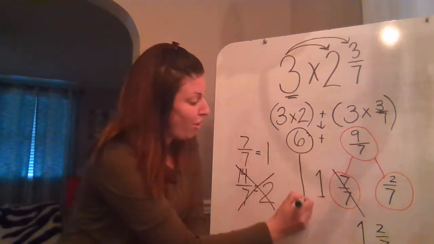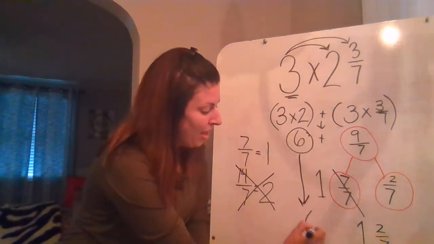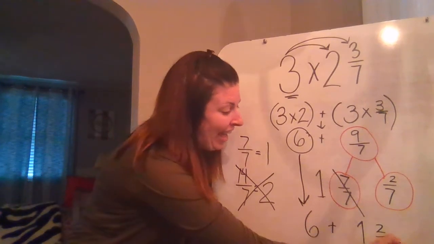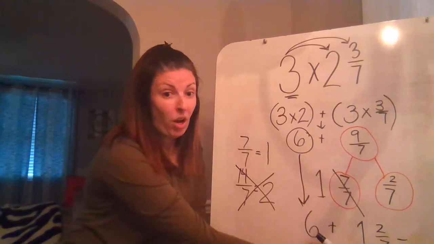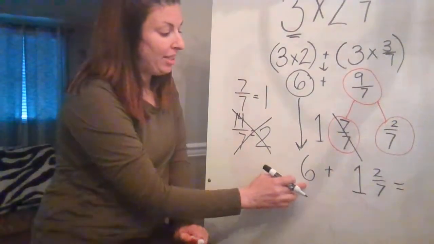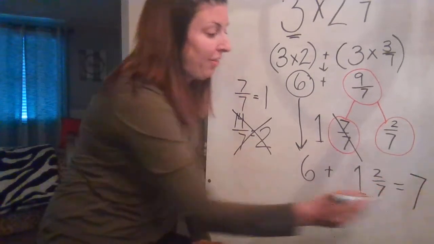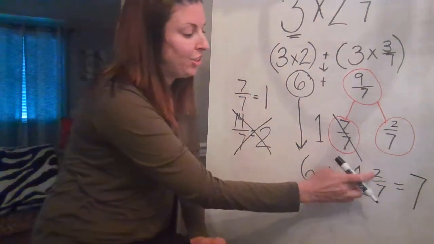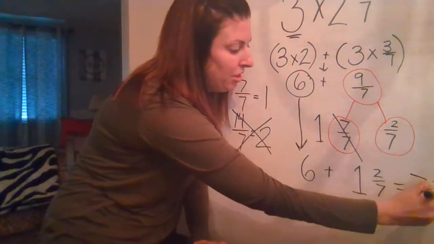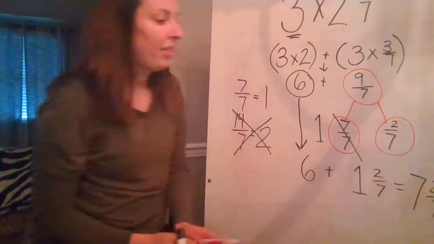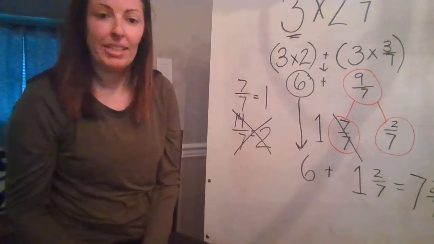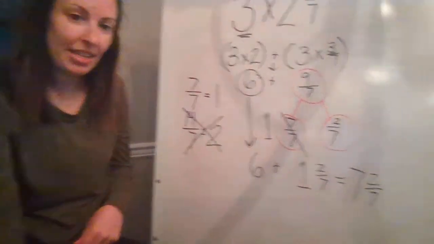So I need to drop it down, and I need to remember to add it to my 1 and 2/7. So I take my 6 plus my 1, which gives me 7. And then I just take my 2/7, my fraction, and I add it to my 7.